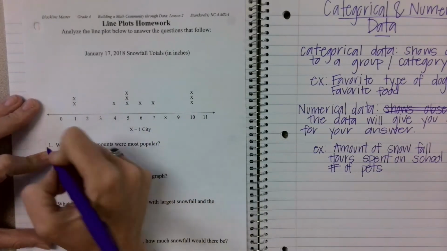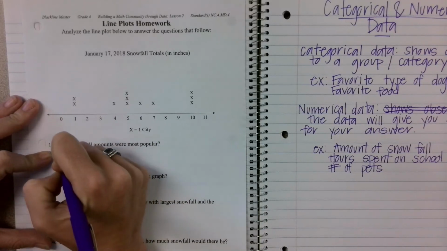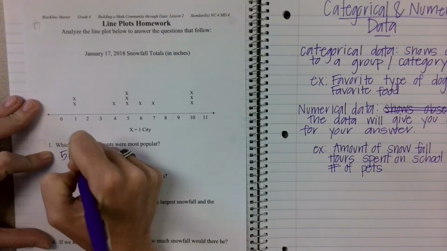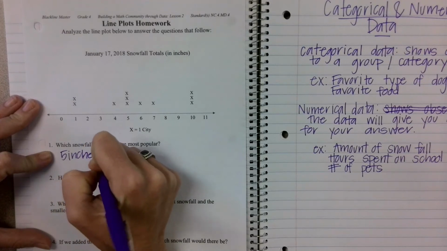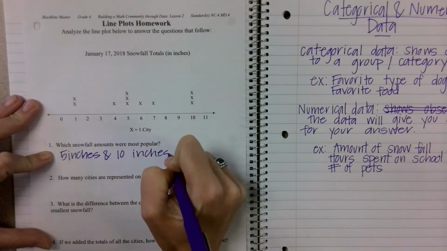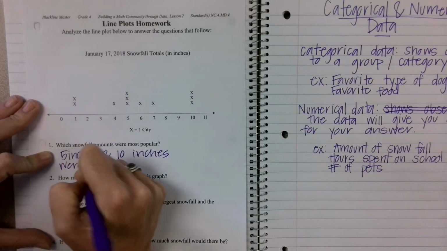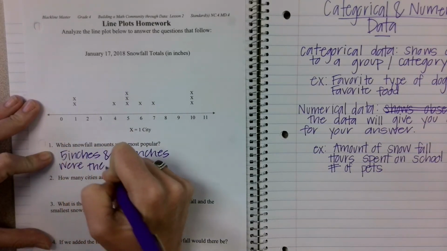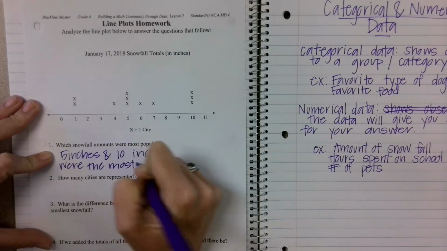So which ones were the most popular? 5 inches and 10 inches were the most popular.